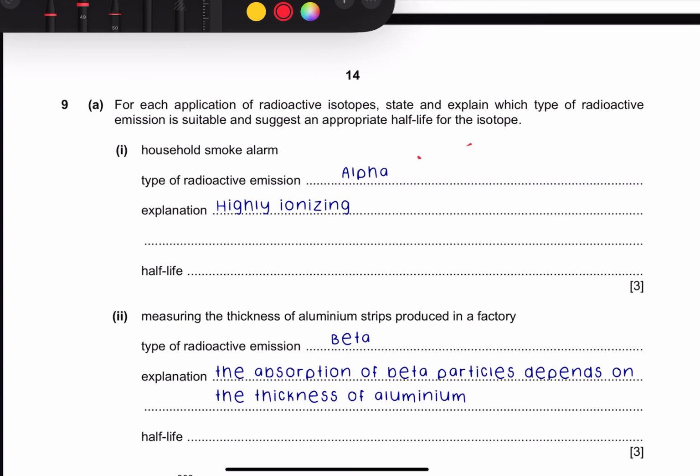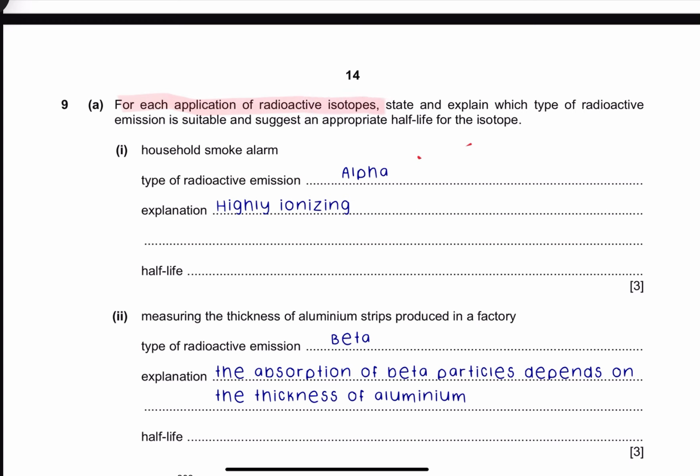Question 9: for each application of radioisotope, state and explain which type of radioactive emission is suitable and suggest an appropriate half-life for the isotope. For the smoke alarm, we use alpha because they have high ionization and their penetration ability is very low, so they can easily ionize the smoke particles.